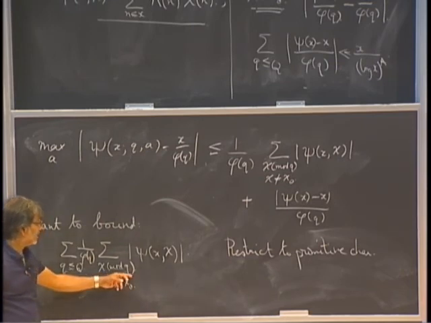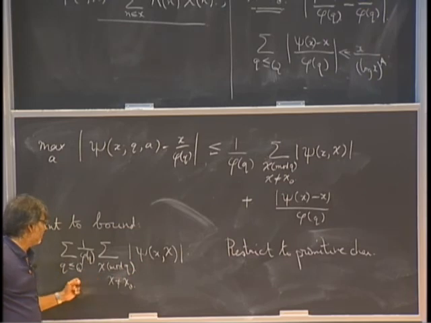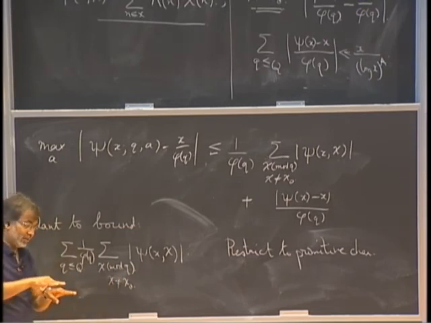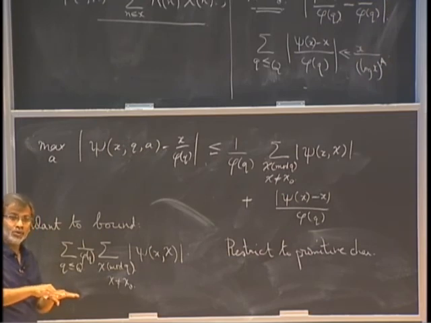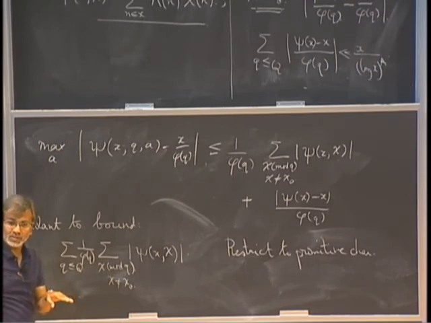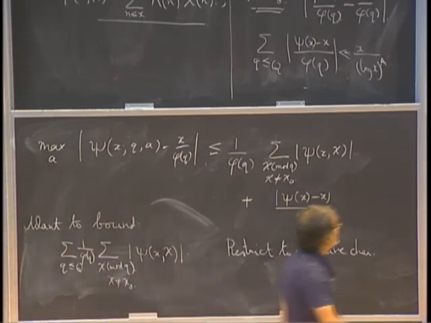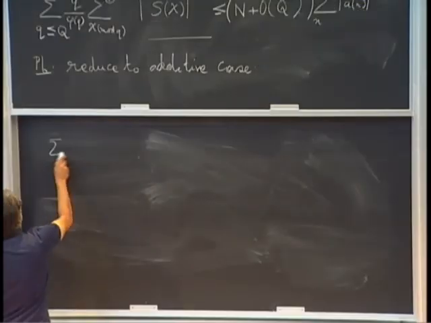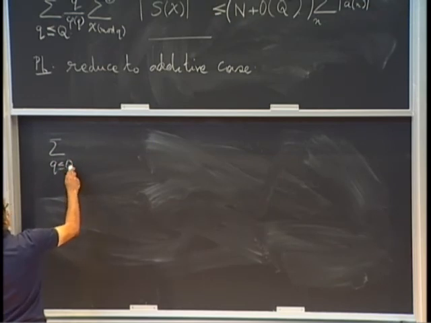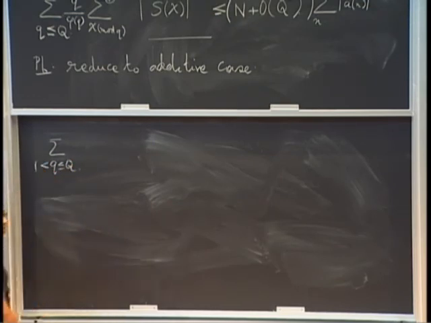Suppose I summed over all primitive characters mod q. Then what I will be missing is this: if I have a primitive character mod q, I'll not be counting the ones which are induced by it, mod 2q, mod 3q, mod 4q, etc. So what I want to count is a sum over q up to Q. Let's assume that q is bigger than 1, so I'm not counting the trivial character at all.